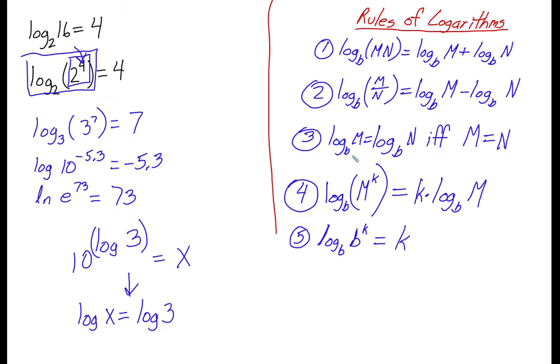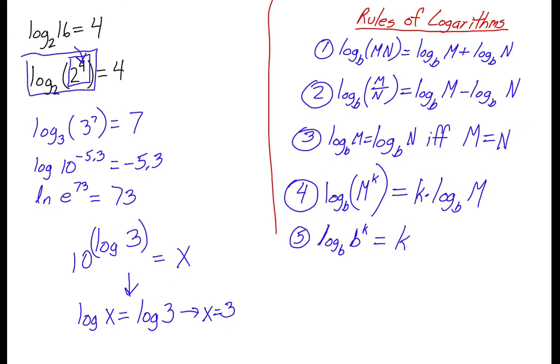But rule number 3 over here says if you've got two logarithms with the same base that are equal to each other, then the arguments inside the logarithms, the things we're taking the logarithm of, must also be equal. So if the log of x equals the log of 3, then x equals 3. So 10 to the log base 10 of 3 is 3.